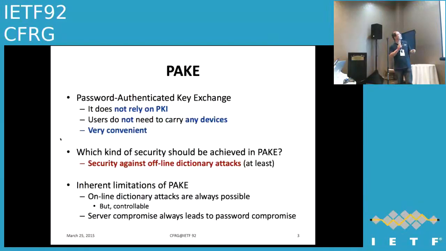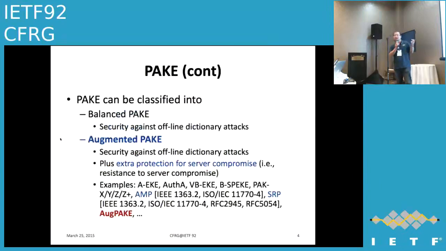Next, please. PAKE protocols can be classified into balanced PAKE and augmented PAKE. As I said earlier, these PAKE protocols should be secure against offline dictionary attacks. The augmented PAKE provides extra protection for server compromise.